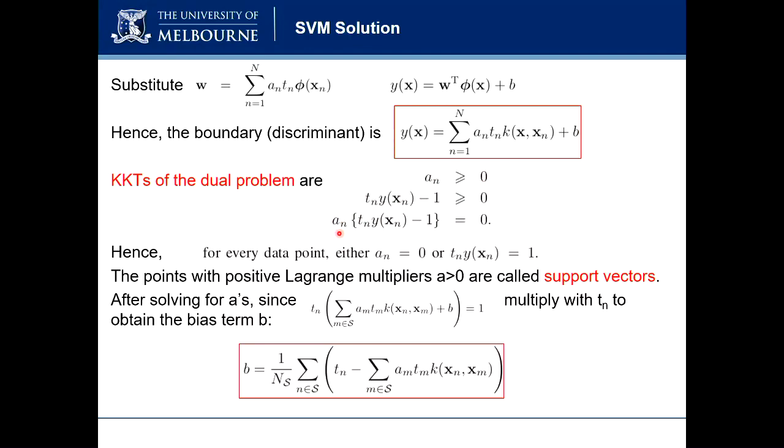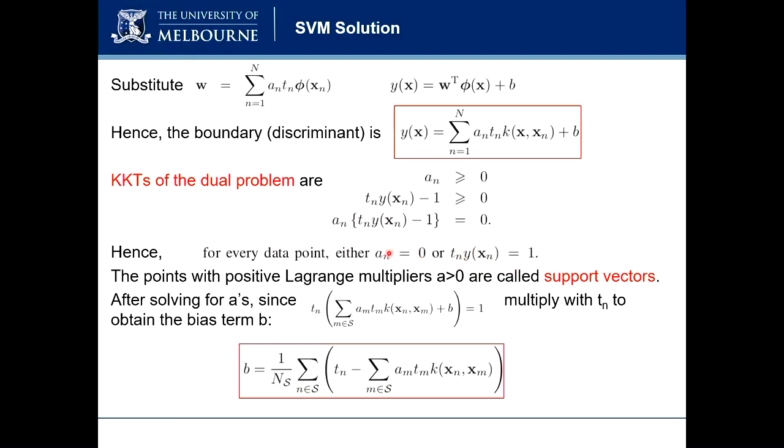This is kind of important: the complementary slackness. This one tells me something special. For every data point, with subscript n indexing the data points, either an is 0, or this parenthesis is 0. The parenthesis being 0 means tn yn equals 1.